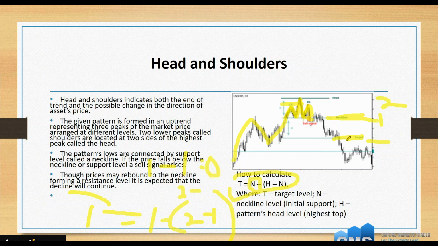So your target price would have been this level, which is 0. And then you could have set a trade. You could have put a sell signal here. You could have entered a sell here, taken your target here, and put a stop loss here.